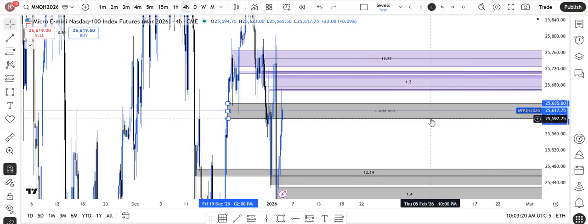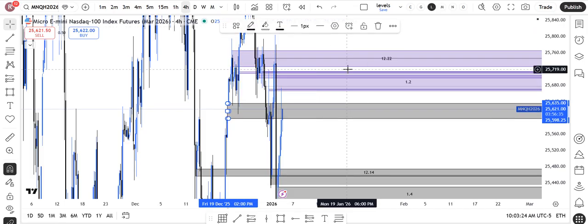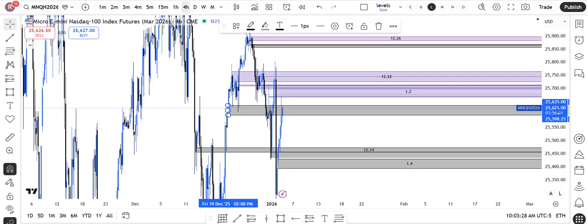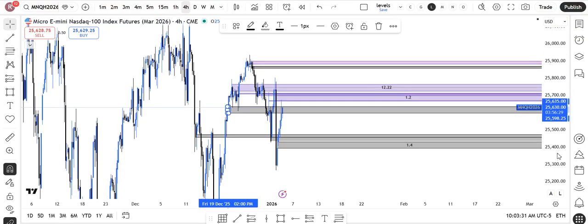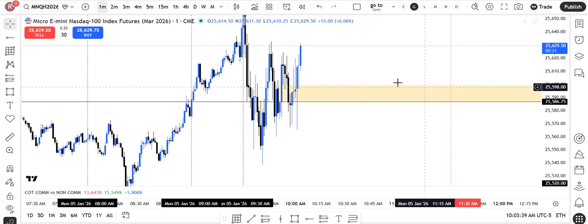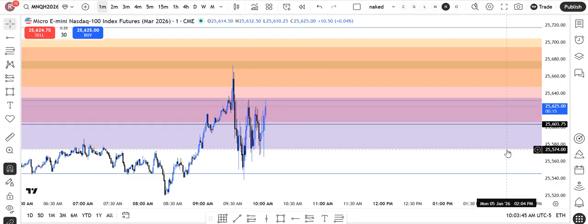I don't know what day this is. I don't have the date marked out. I'd have to go look at my notepad, but I don't want to right now. Okay, so gravitating back up towards volume imbalance, midpoint of the daily wick.